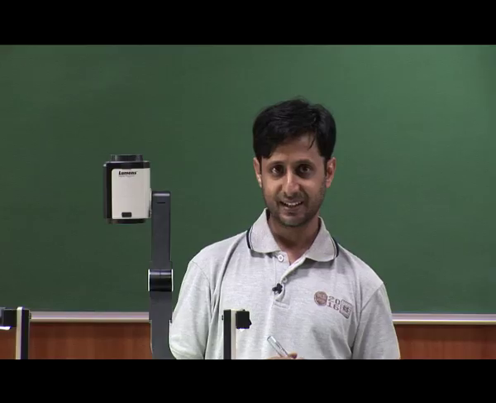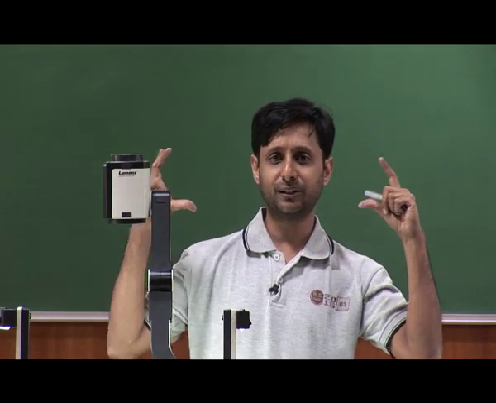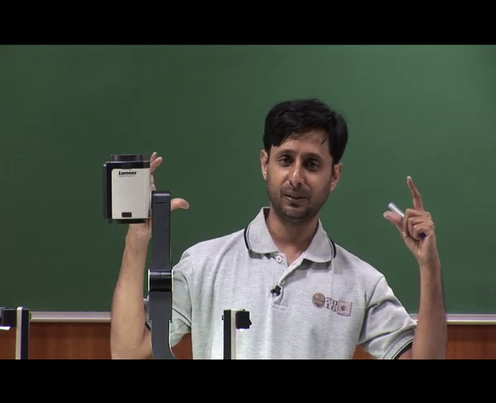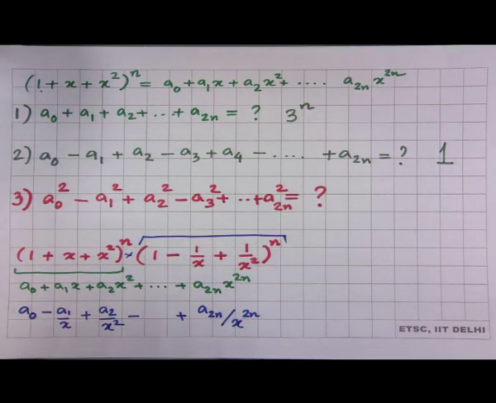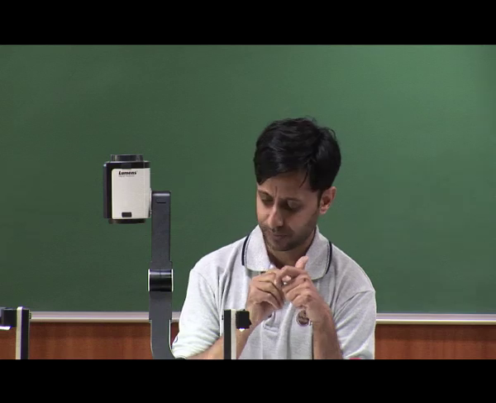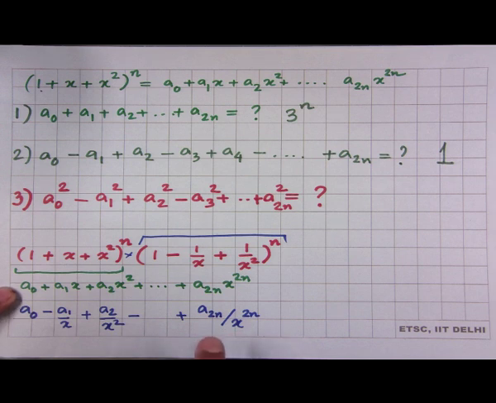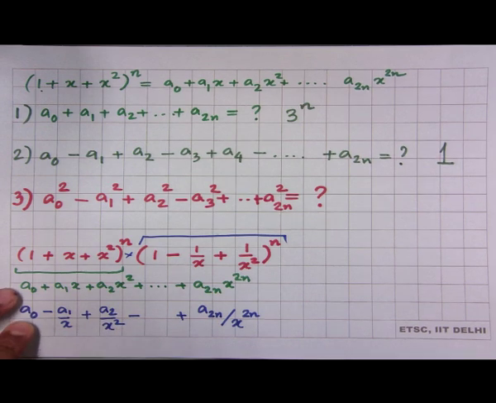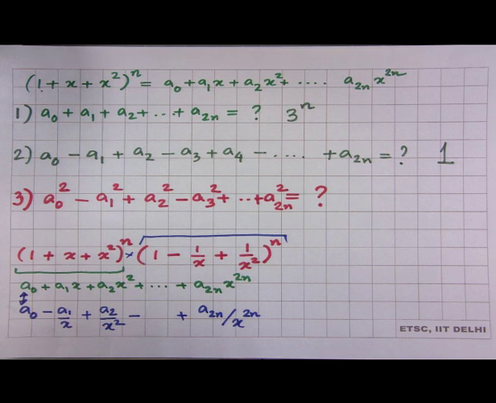Okay. And if you look at the product of these two expressions, what is the term that is independent of x? No x. So, if I multiply this a naught with any random term, I will have some x in that random term unless I multiply it with this first one. So, if I multiply these two, then I get something independent of x.